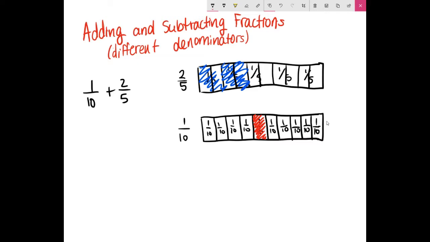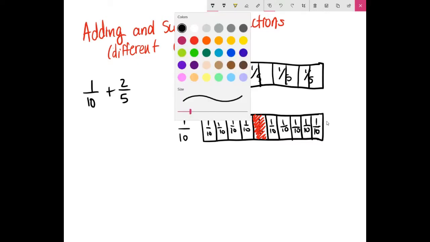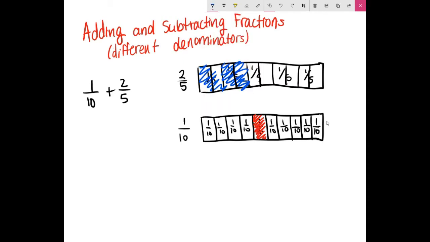As you can see, the top strip now has 10 pieces to it. 4 of the pieces are shaded in blue.